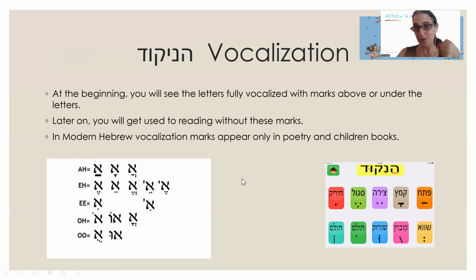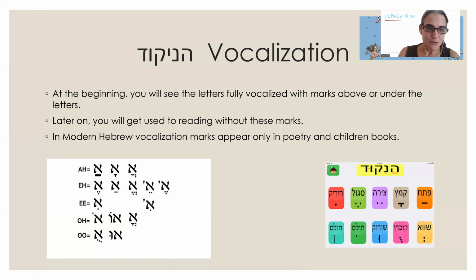However, we will learn these signs and we will learn reading with them. As you get to know the language more, you'll see that in regular use of Hebrew, we actually find the letters without those signs, and grown-up Hebrew speakers read newspapers and books without vocalization.